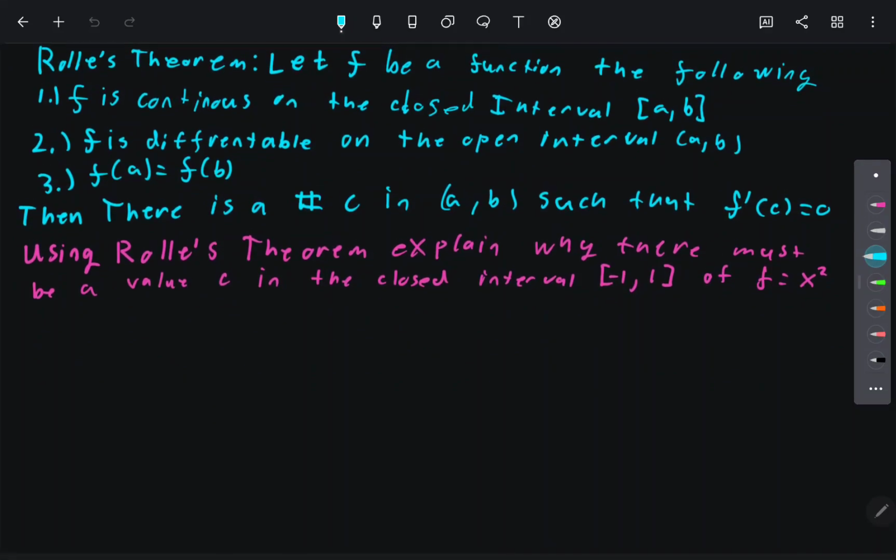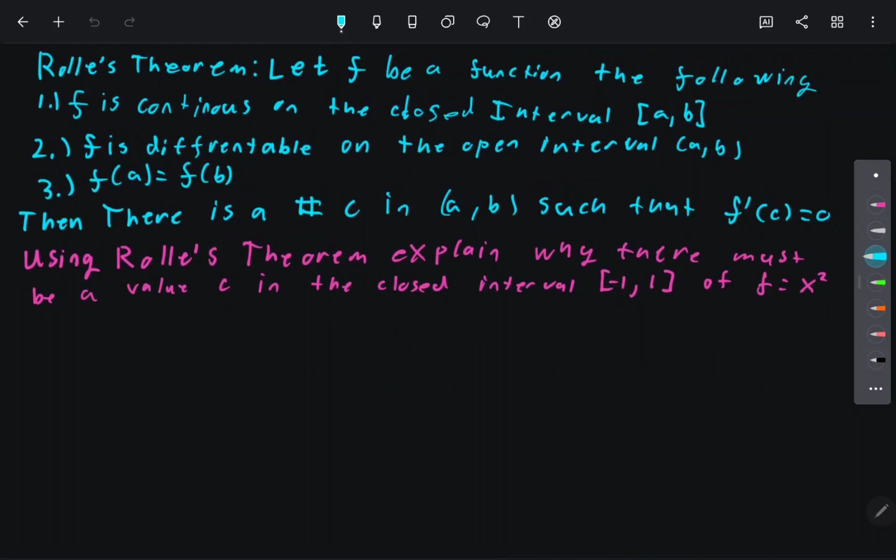So, just before we get to the mean value theorem, we need to know Rolle's theorem, which states: let f be a function that satisfies the following conditions. F is continuous on the closed interval from a to b. F is differentiable on the open interval from a to b.